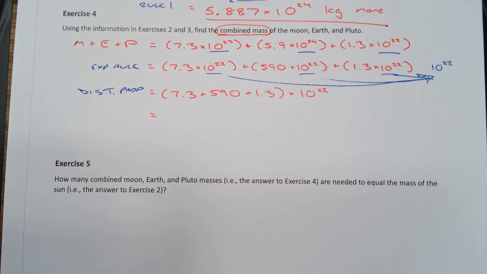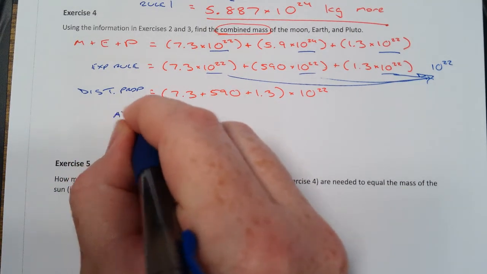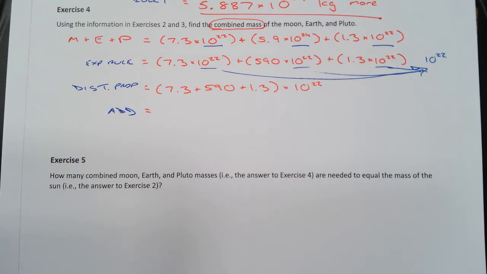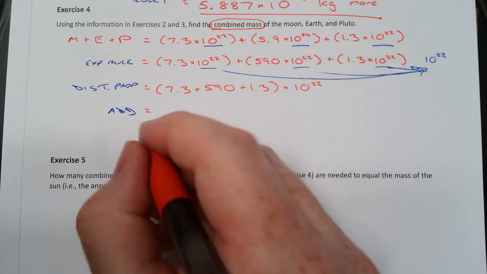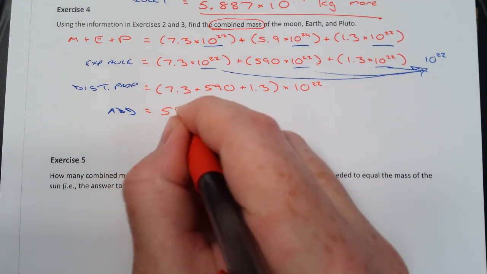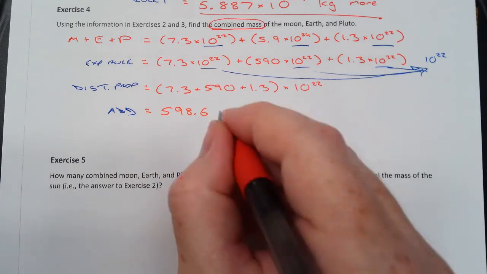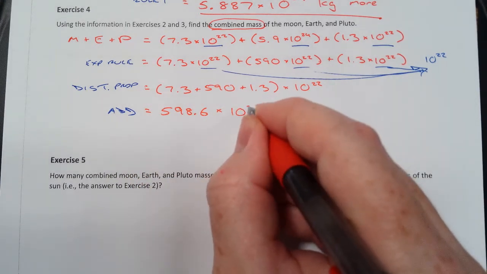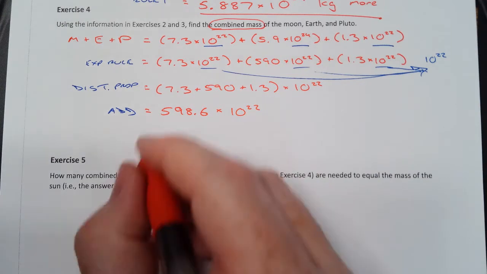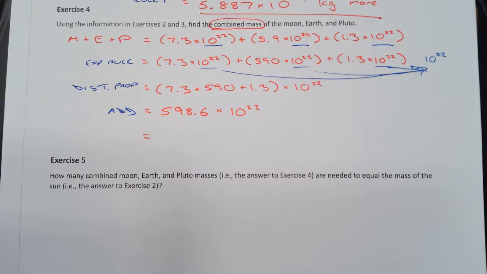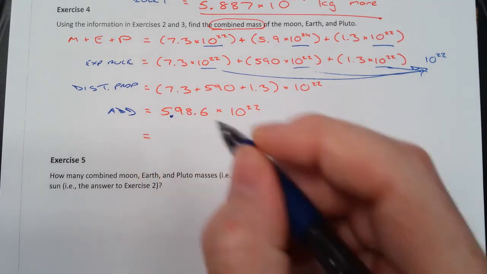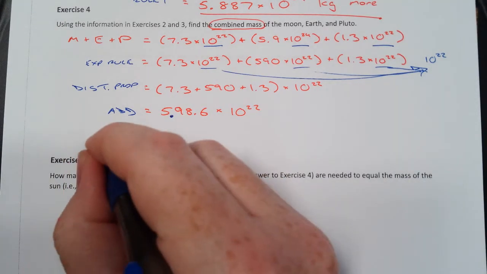Next thing you need to do is add what's inside the parentheses. Hopefully you used a calculator for that to get 598.6 times 10 to the 22nd. And what you should have seen then is that is not in scientific notation. I'm not done yet because I want the decimal to be there to match rule 1.